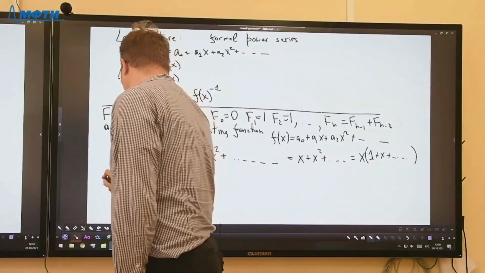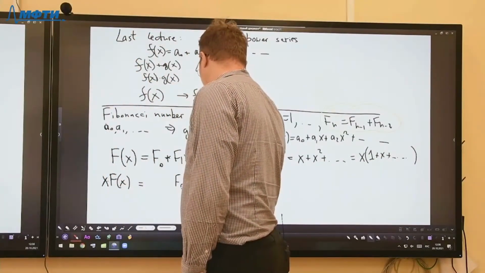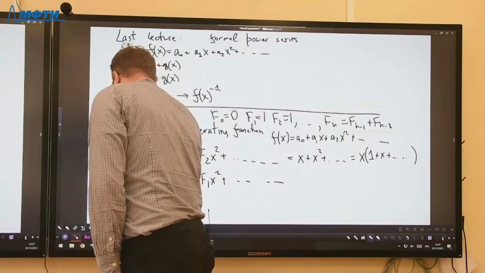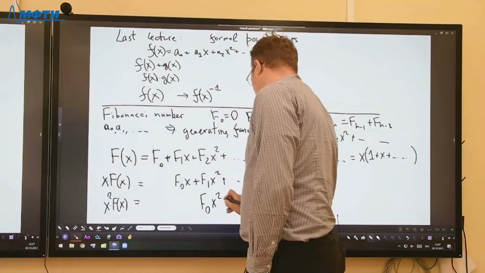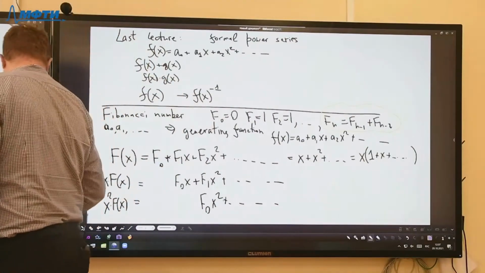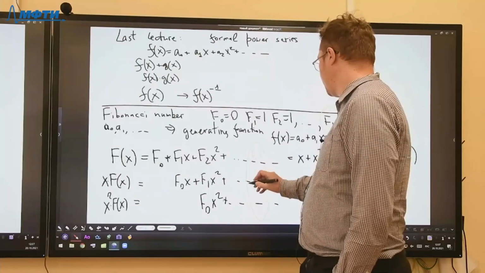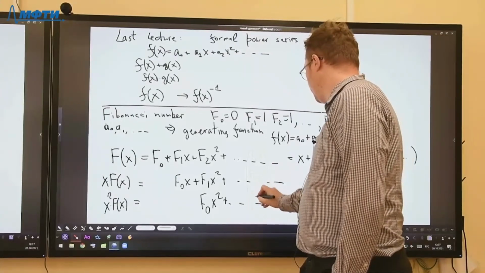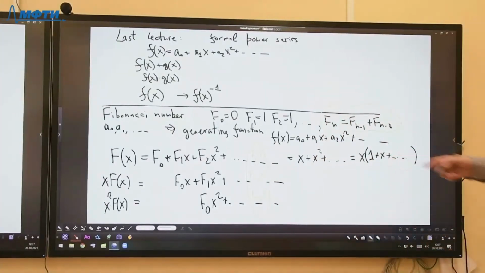So here we find that x times f of x is f0 x plus f1 x squared plus etc. X squared times f of x is f0 x squared plus etc. And so if we look at the coefficients here, we'll have fn times x^n here, fn minus 1 times x to the power n here, and fn minus 2 times x to the power n here.